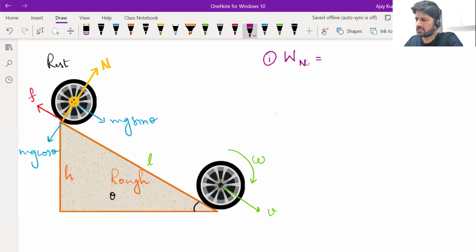Okay, we'll see. Aishwarya, what do you say? I just want the sign of work done by normal force. Okay, fine. Vanilla, why are you saying it is zero?